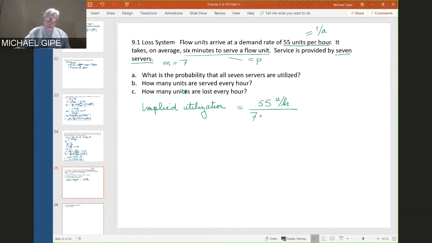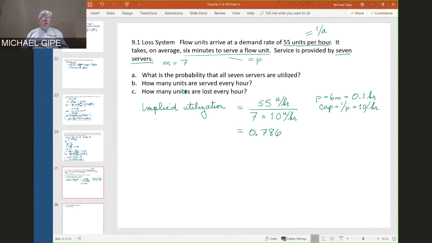We've got 7 servers times 10 units per hour. That's 1/6 minutes, right? So our processing time is 6 minutes. That's 0.1 hours. The capacity is 1/p, and that's 10 per hour. And that implied utilization comes out to be 78.6%. Not too bad, but you can see with variation, we're going to lose a lot. Okay.